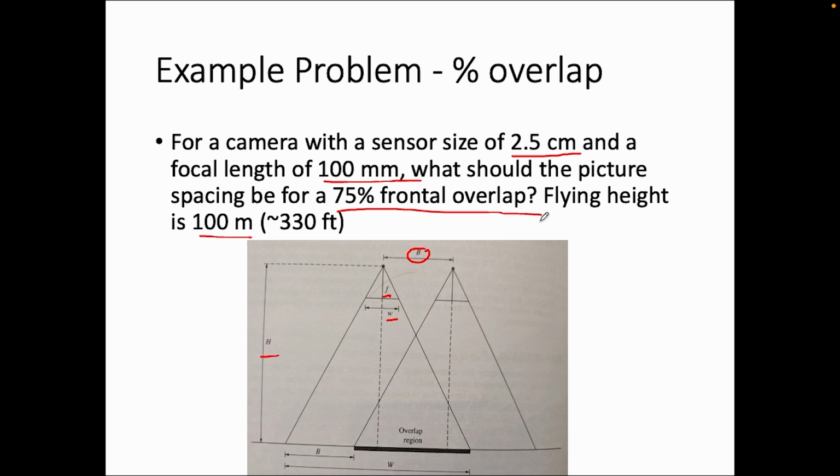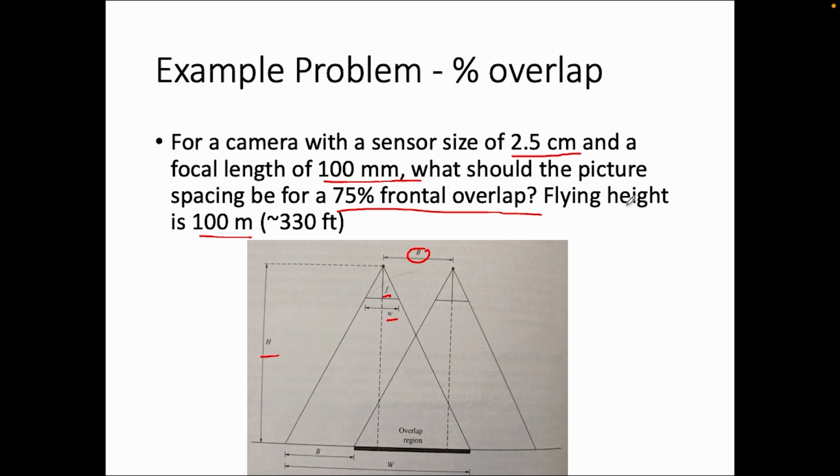Our drone is flying along taking pictures, so how far apart should each picture be in order to get a 75% frontal overlap with these other parameters? Again, we're designing our mission, given a particular camera, to fulfill our objectives. We want 75% overlap.